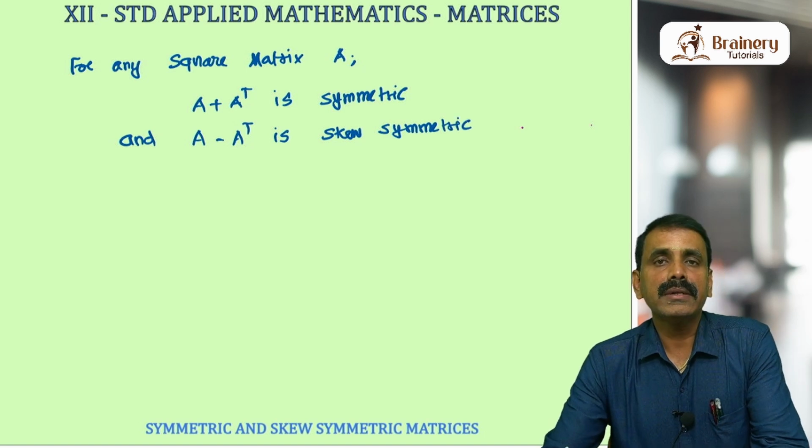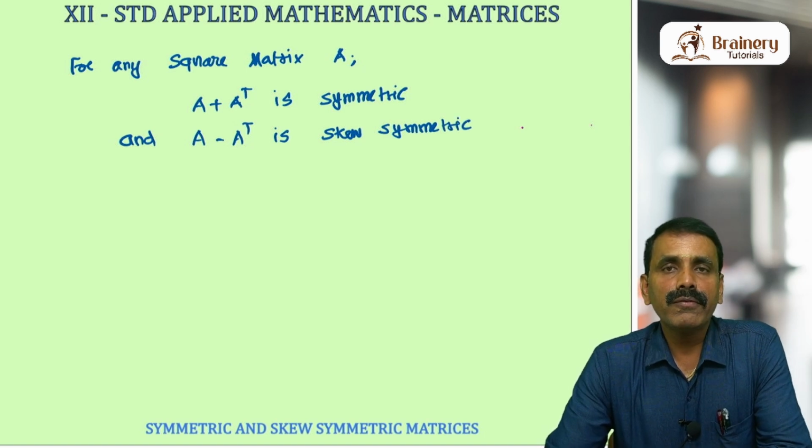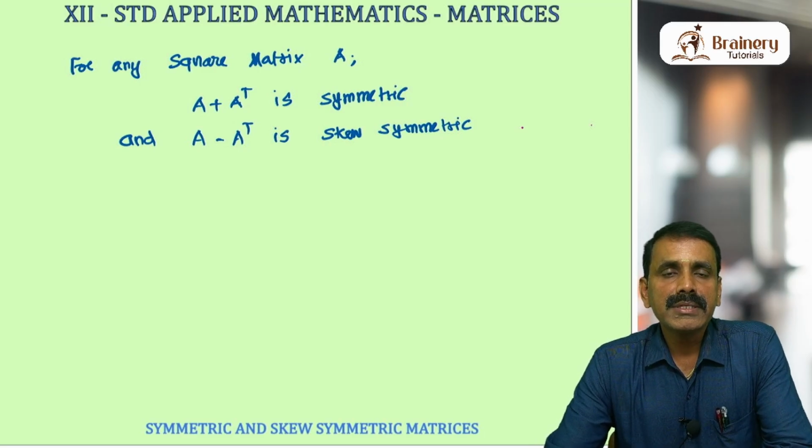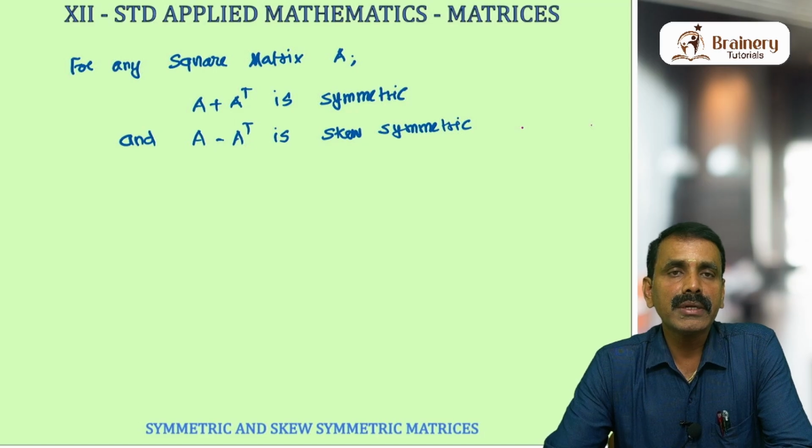We already saw problems proving that for any square matrix, A plus A transpose is symmetric and A minus A transpose is skew symmetric in the previous video session.